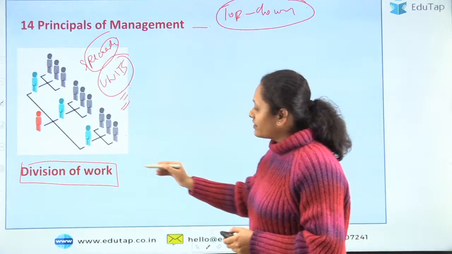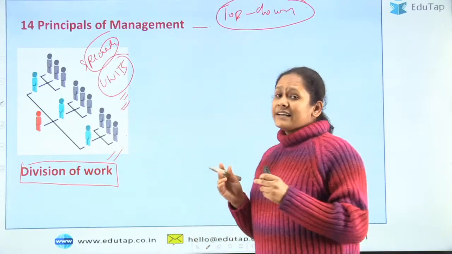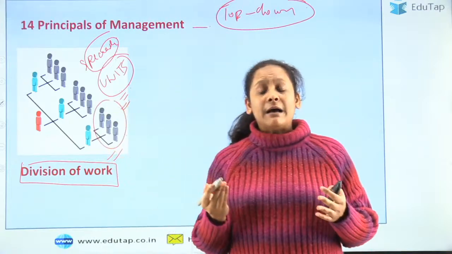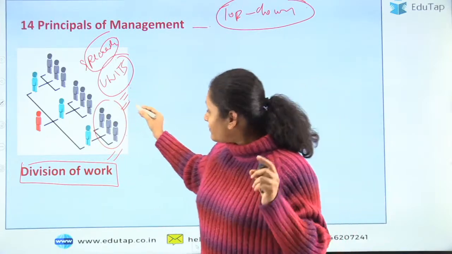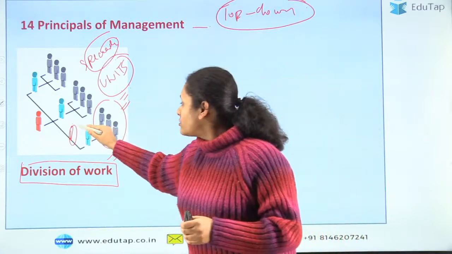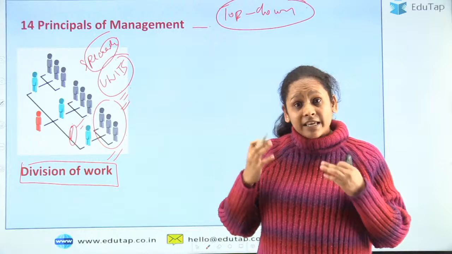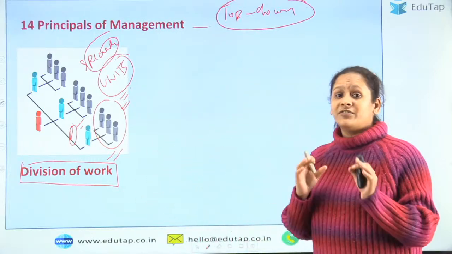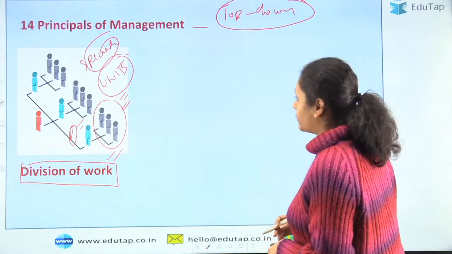So this is what division of work is. Let's say if you don't give proper division of work, what would happen? Eventually, if there's one person who's carrying out all the activities, he'll become less efficient over a period of time. So this was the first principle according to Henry Fayol.